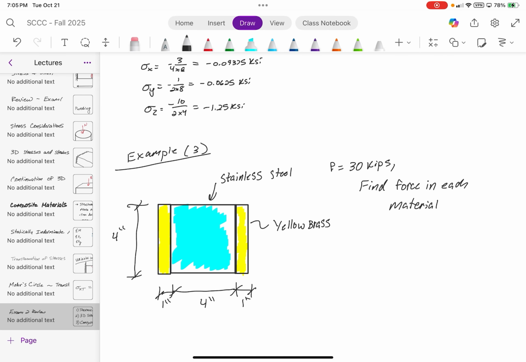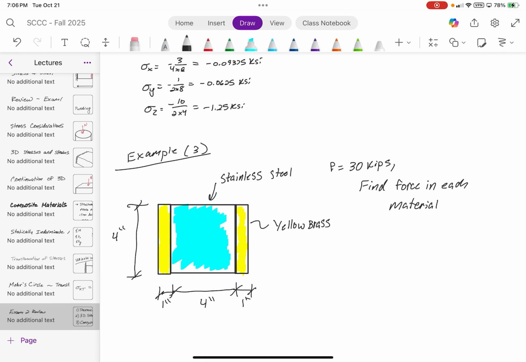I have a question. Did you multiply the brass by 2? So there's 2. It depends how you're handling it. What is the area of brass you're considering? 1/4. There's only 2 materials, right?